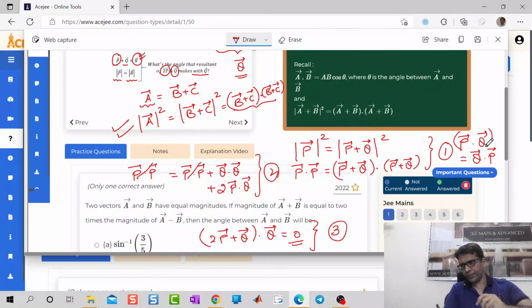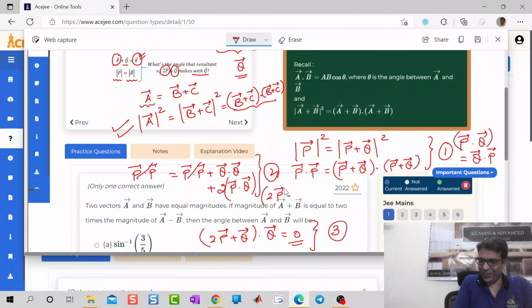Correct? But the 2 is for both P and Q, right? Like the P dot Q should be in brackets. Oh, yes. But you can always write this as 2P dotted with Q, right? Won't that be the same thing?